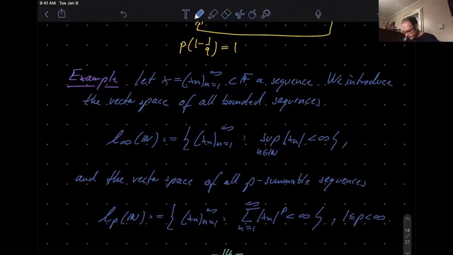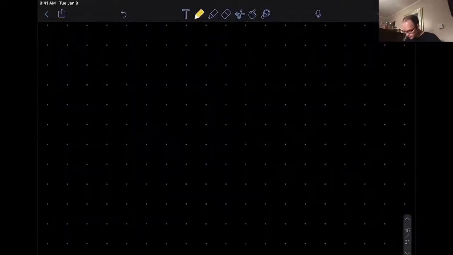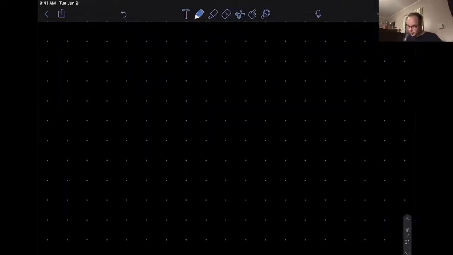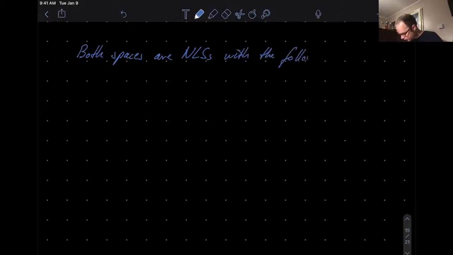Now, it turns out both of these, this one and this one, are very important normed linear spaces, and I will define two objects now that will turn out to be norms. Both spaces are normed linear spaces with the following norms.